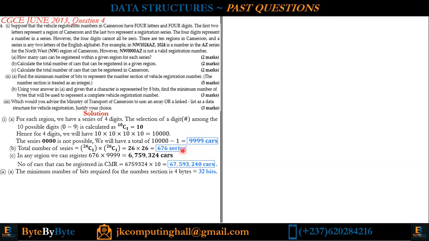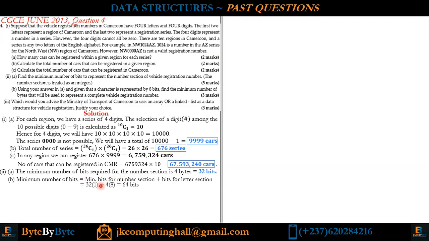B says, using your answer in A and given that a character is represented using 8 bits, find the minimum number of bytes that will be used to represent a complete vehicle registration number. Now here they are talking about bytes. What do I have? Minimum number of bits is equal to bits for the number section plus bits for the letter section. For the number section, I have 32 bits.